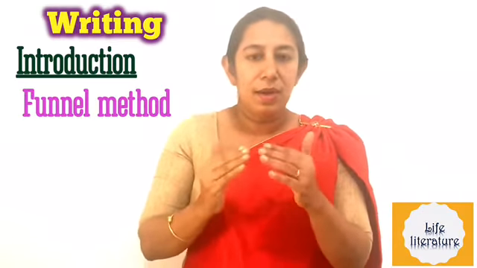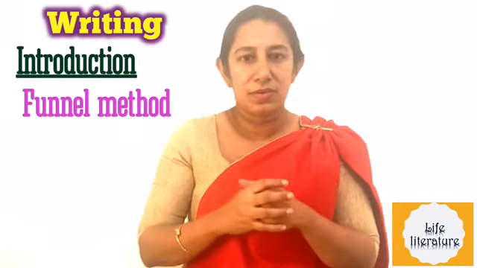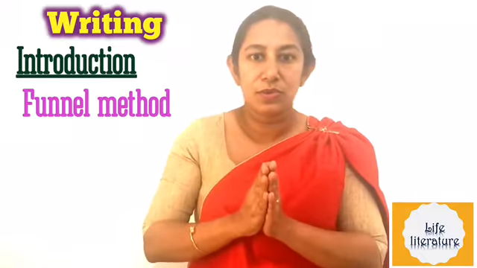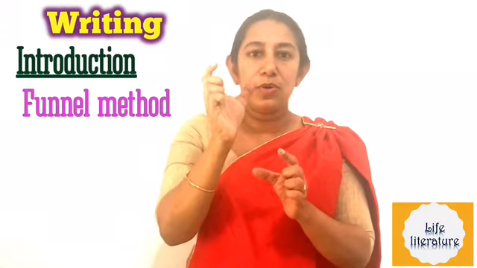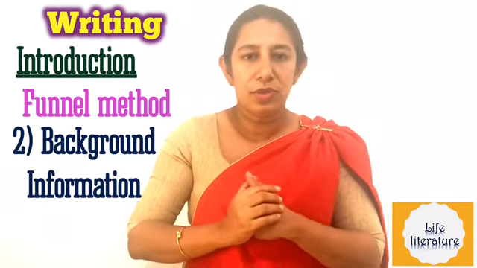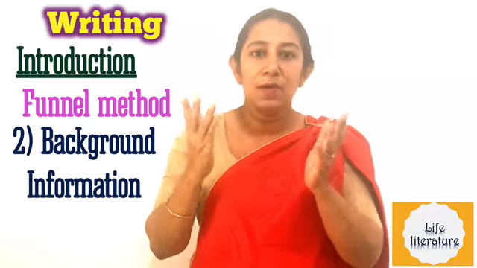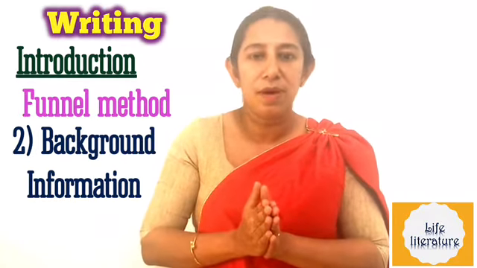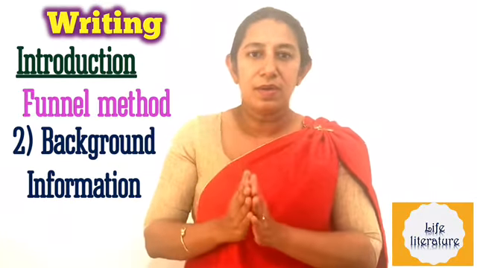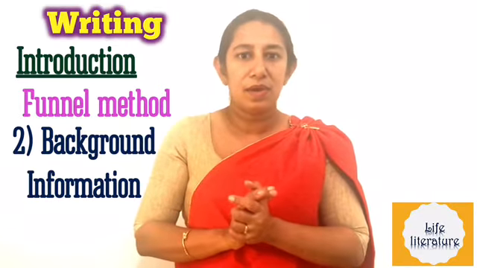And then after forwarding this with some of your ideas also, 2 or 3 sentences would do, you have to go to the second step, that is the background information you should give. About what? About the particular work that you are writing about. What is our work? We are focusing on today, The Nightingale and the Rose by Oscar Wilde.